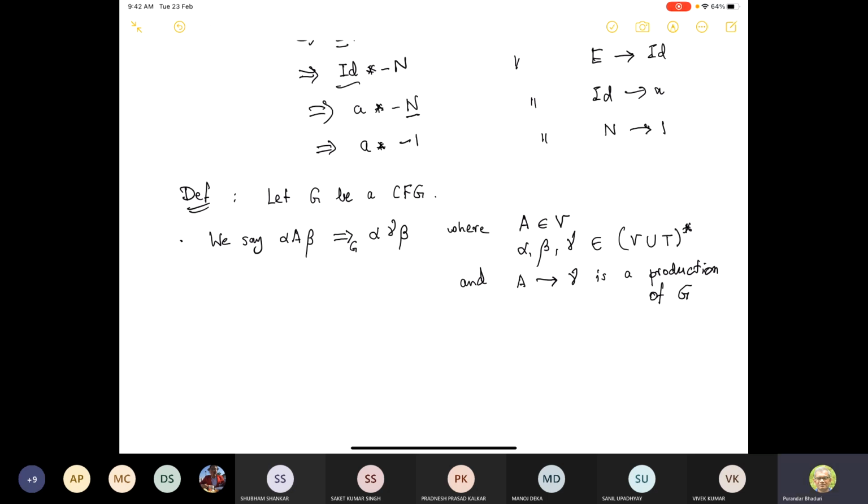Any doubts about this definition? So this is often called single-step derivation.